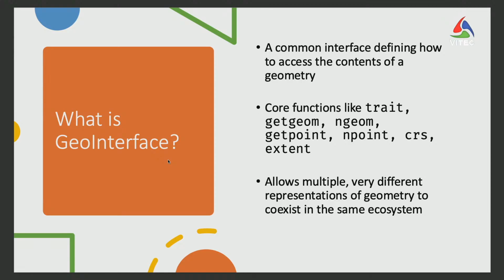They'll say this is the only way that I will understand a polygon, if it's this particular structure, a vector of vectors of length 2, which are your points. In Julia, we don't necessarily do that. In JuliaEO specifically, we allow you to have any sort of memory layout that you want, any structure, so long as it implements this interface, this set of functions. This allows multiple and pretty different representations of geometry to coexist in the same ecosystem.